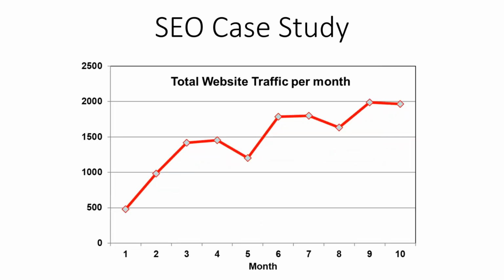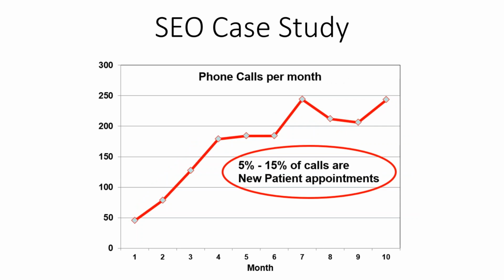And so if we go back here and look at the traffic, you'll see that the trend of that graph looks almost exactly like the trend of the phone calls. Well, that's what you'd like to see ideally, is that the calls are tracking with the traffic. That means that the traffic we're generating is the right type of prospect, and they are willing to call the practice, which means we're generating legitimate dental patient leads. This is what you'd want to see.